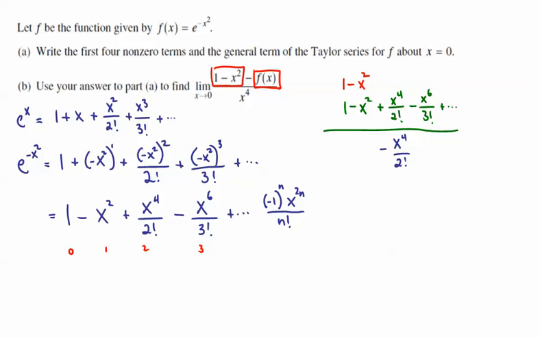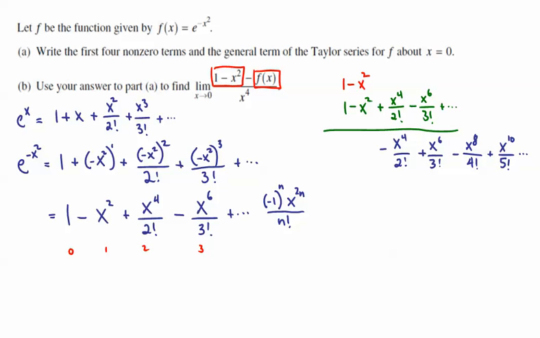Then 0 minus negative will give us positive x to the sixth over 3 factorial. And if we wanted another term, we would have x to the eighth over 4 factorial, etc. I'll do one more: x to the 10th over 5 factorial. So it's going to keep going like that. So that is 1 minus x squared minus f of x.